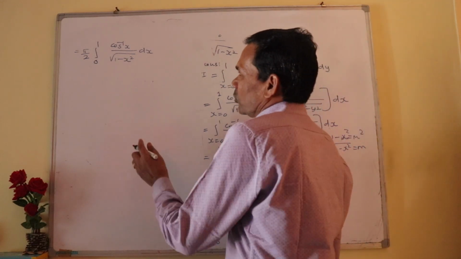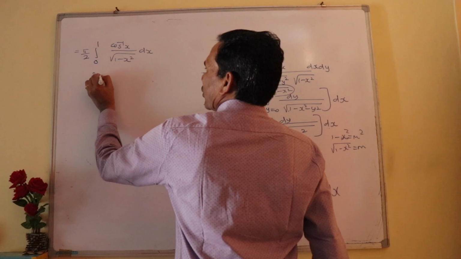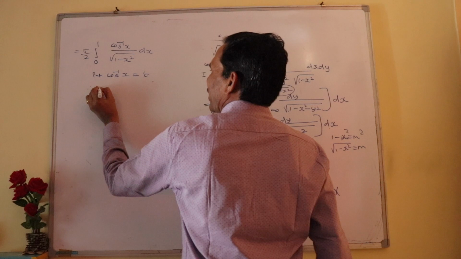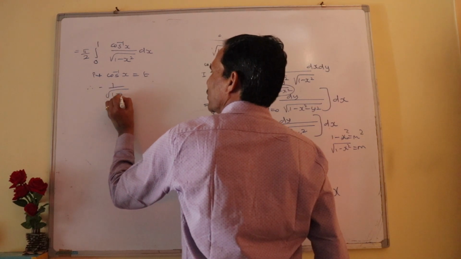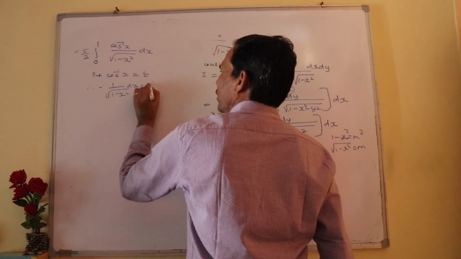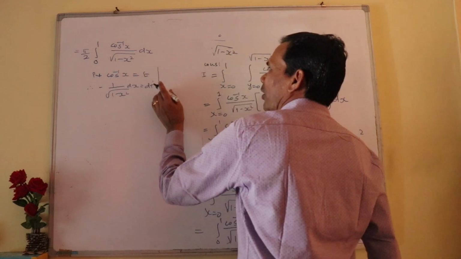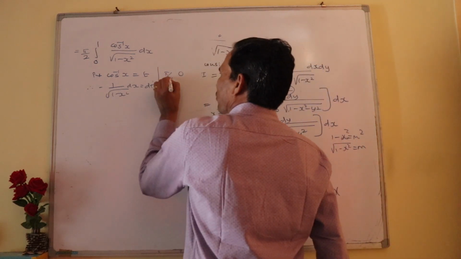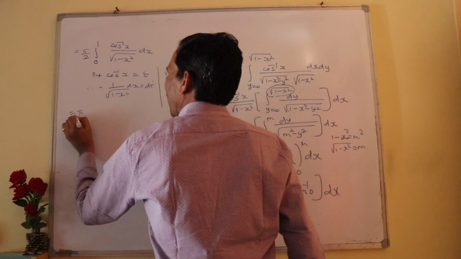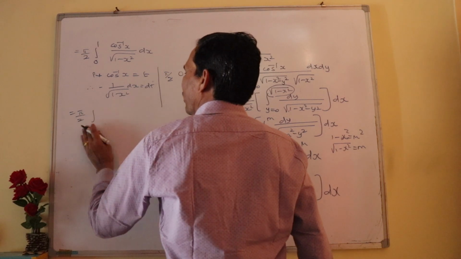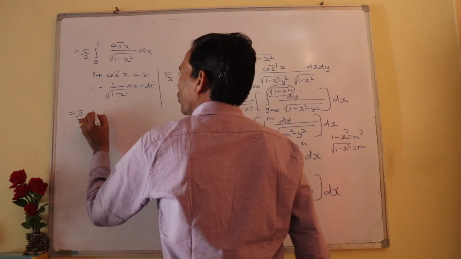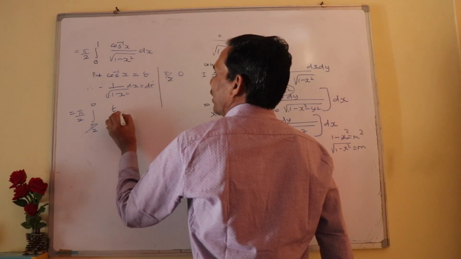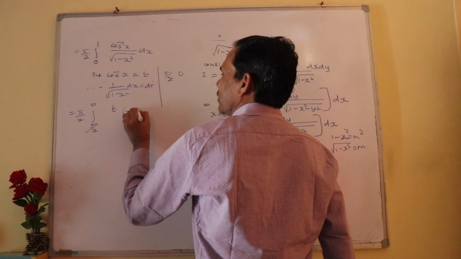So we use substitution: put cos inverse x is equal to t, therefore minus 1 upon root of 1 minus x square dx is equal to dt, and the new limits would be pi by 2 to 0. So you are getting this as pi by 2, with limits pi by 2 to 0, and this is t, since cos inverse x is t, and this is minus dt.